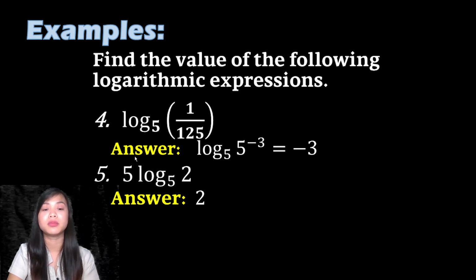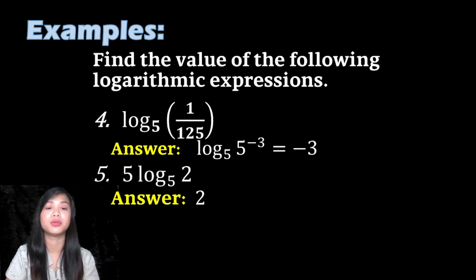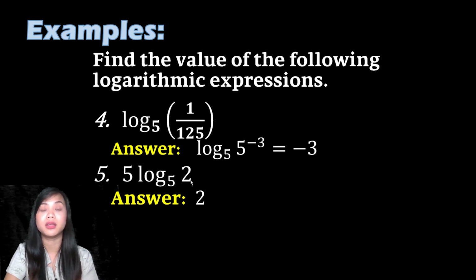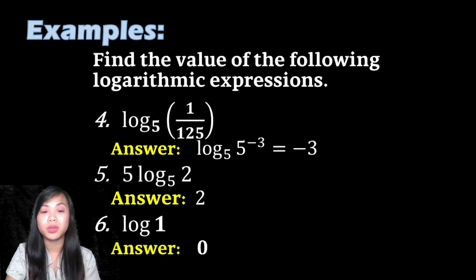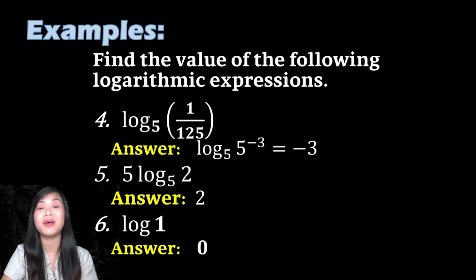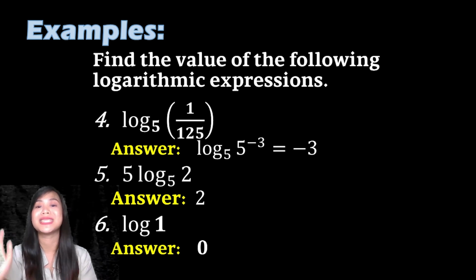So this will become 2. Next, we have log 1. The base here is 10, and we have 1 as the power, meaning the value of the exponent is equal to 0.